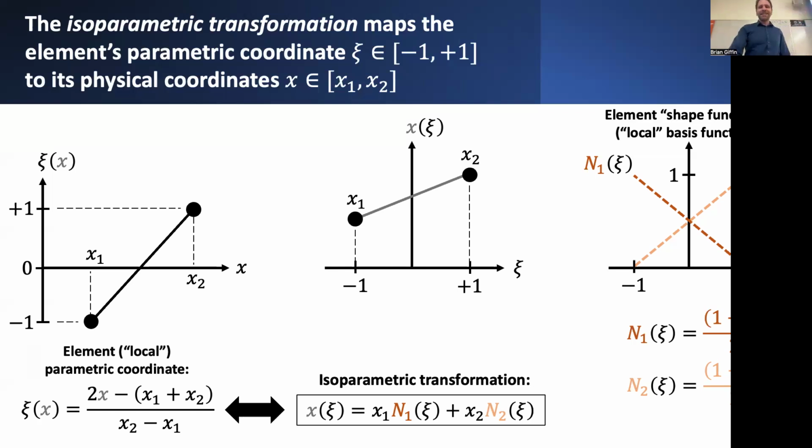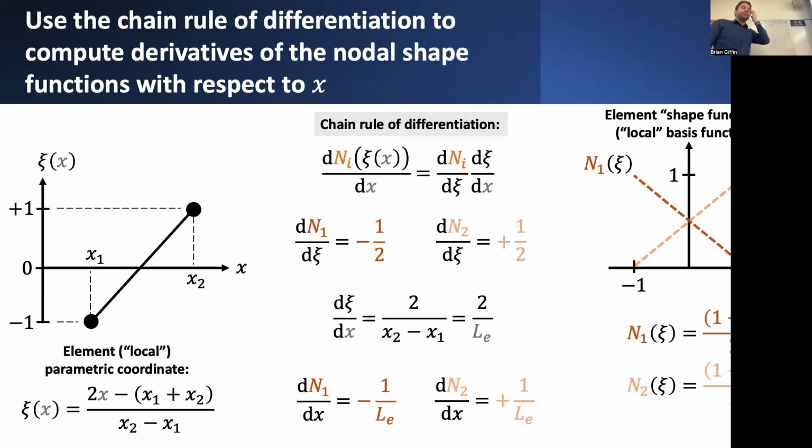The critical piece of the puzzle that we have to supplement is actually a couple things. The first thing we need to recognize is that these shape functions, N1 and N2, are expressed not in terms of X, but in terms of C, the element's local coordinate system.